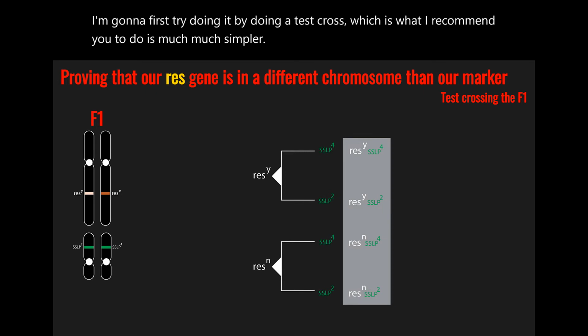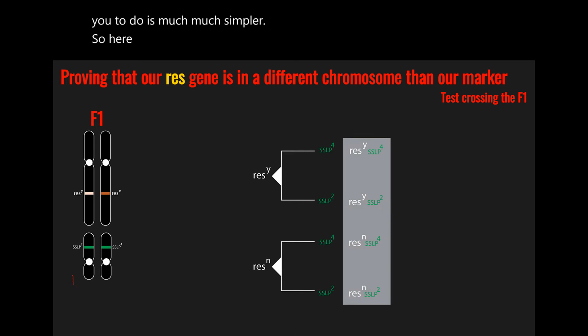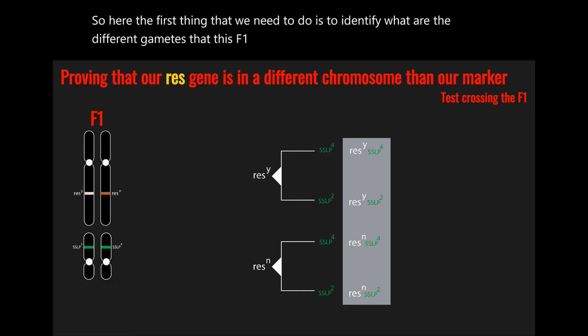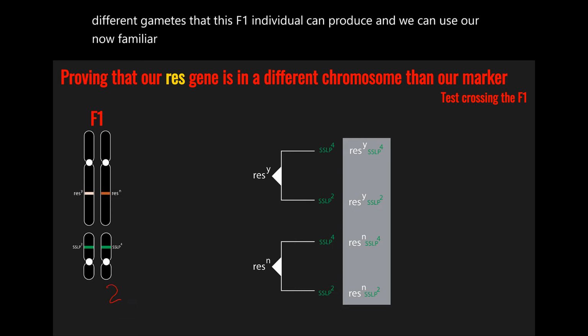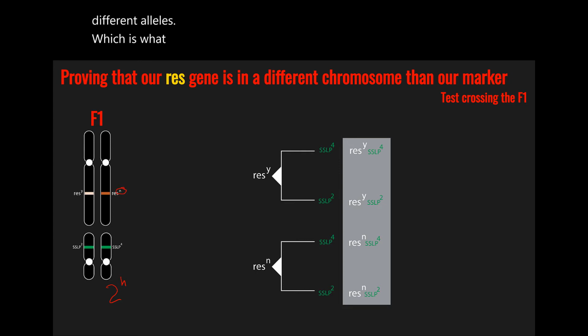So here, the first thing that we need to do is to identify what are the different gametes that this F1 individual can produce. And we can use our now familiar formula of 2 to the n, where 2 represents a gene with 2 different alleles, which is what we can observe here, right? So there are 2 different alleles.